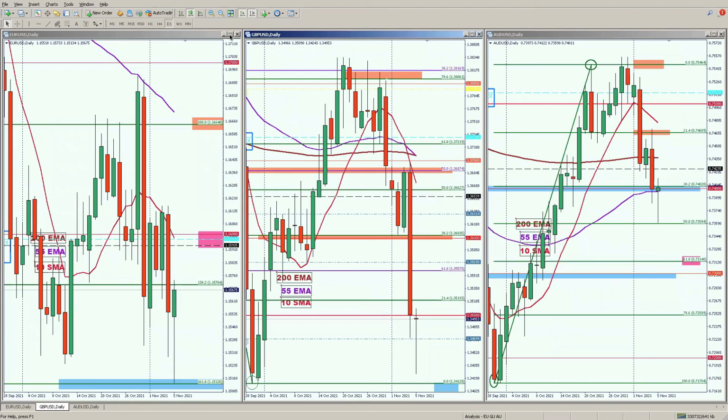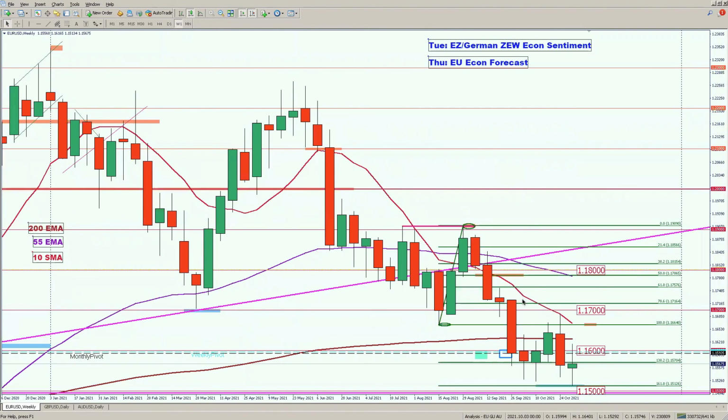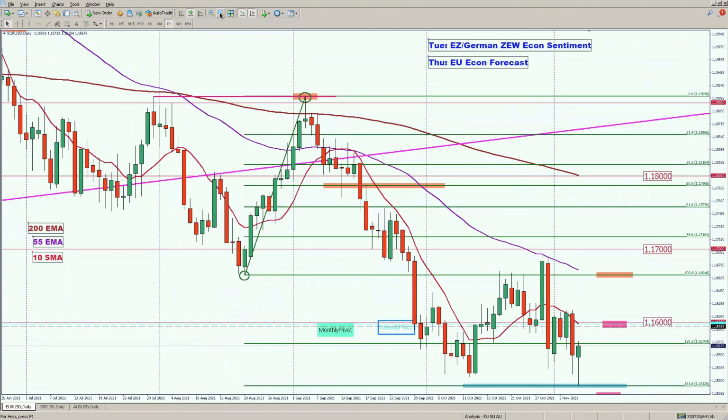And let's take a look at the weekly time frame for euro, which closed as a spinning top, signaling more consolidation, unfortunately, for next week.